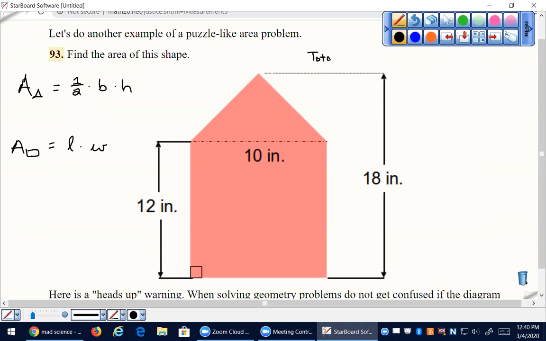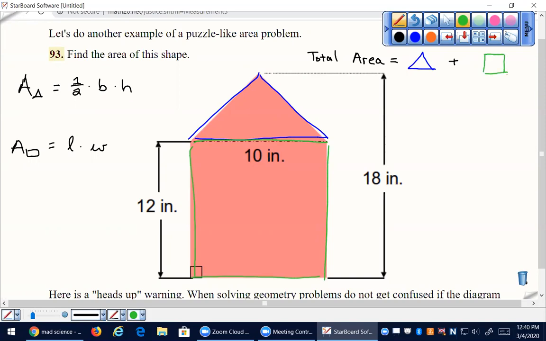My suggestion when you're doing these kinds of puzzle problems is to start by writing an equation that has no formulas. Just say, I'm going to do that, and then I'm going to do that. Make sure you have a good plan. Everyone with me? If you start trying to put in length and width and base and height stuff yet, you're going to confuse yourself on the day of the test because our brains all shut down on test days.